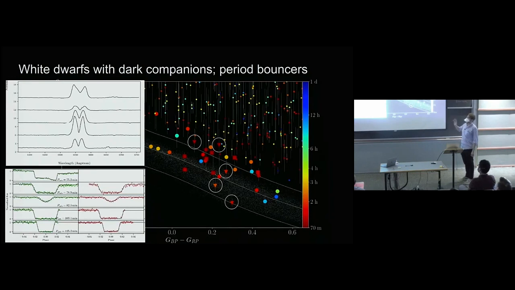But these are actually low accretion rate CVs, so CVs that have such a low accretion rate that there's no flickering, no outburst. And these are some of the missing population of CV period bouncers, where the CV has evolved to the period minimum and is now moving out again. Interestingly, the longest period system here is 125 minutes, so slightly over 2 hours, which is a bit of a surprise, that these systems can exist at such long periods.